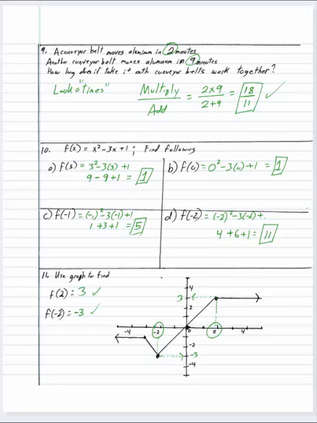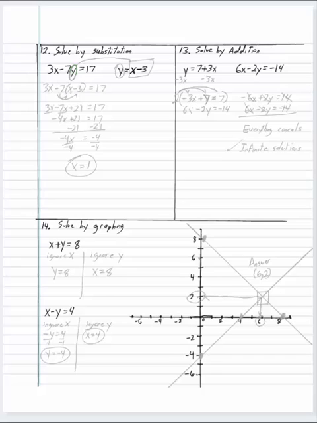For number 12, we would like to solve by substitution. Notice that this y and this y are actually the same. So let me replace this y with all of this. So you get 3x minus 7, parentheses x minus 3, equals 17. And I'll distribute.